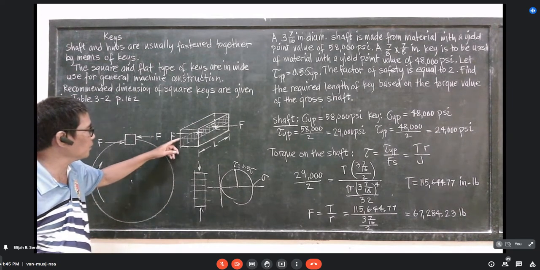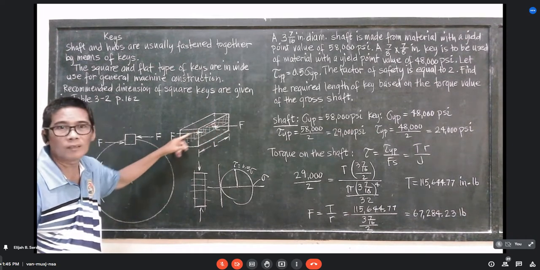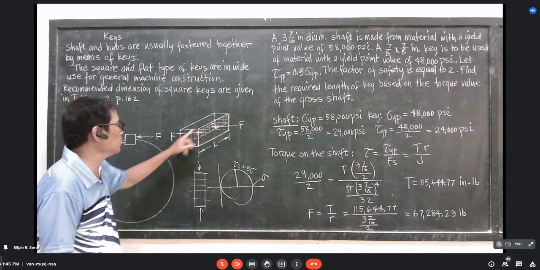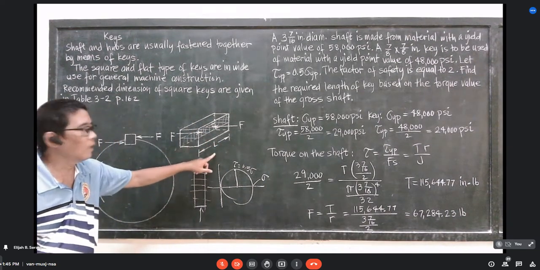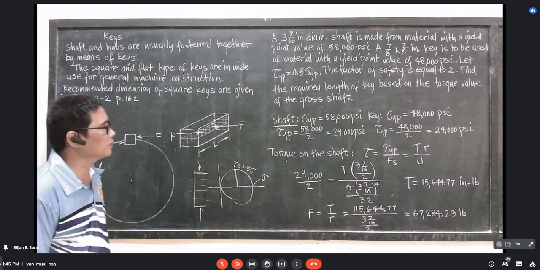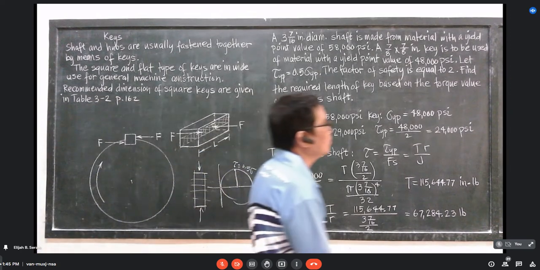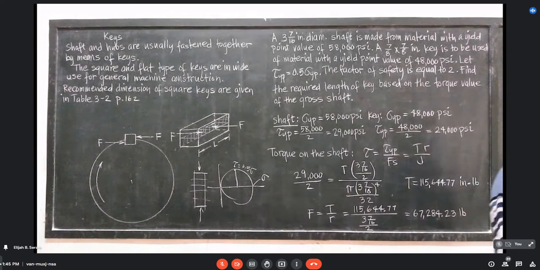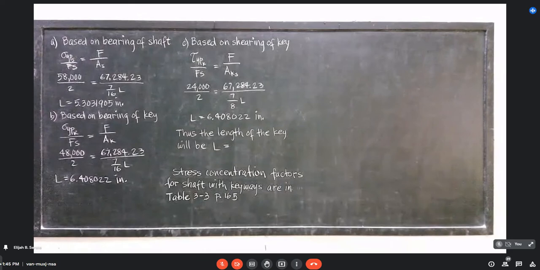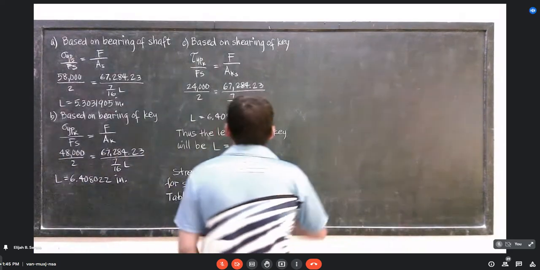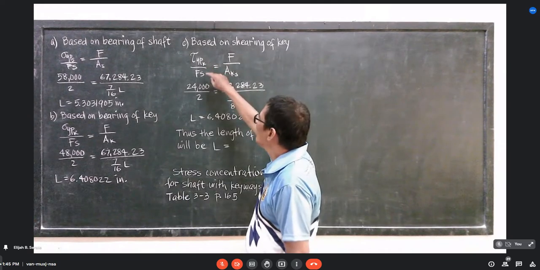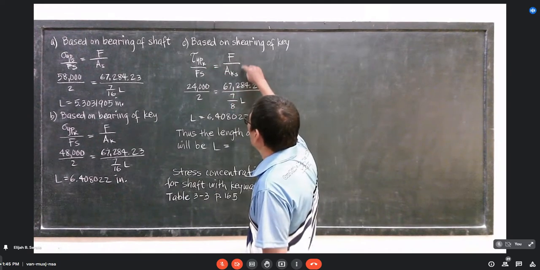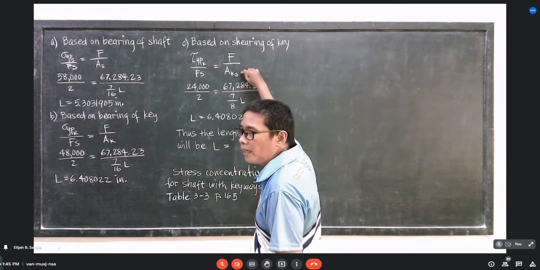Which is now this one, no? This area, which is 78L. So the shearing stress of the key is 78L. Okay. So, based on the shearing of the key, yield point of the key over factor of safety, force over stress area of the key.